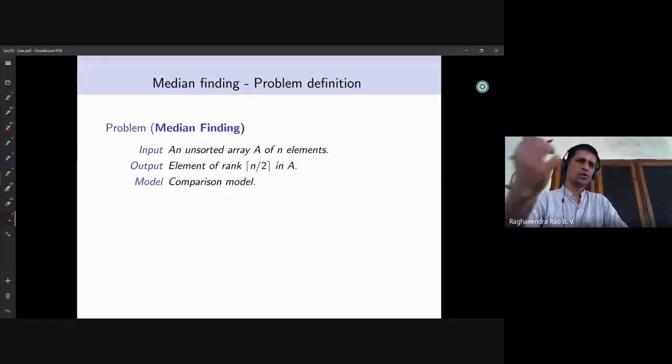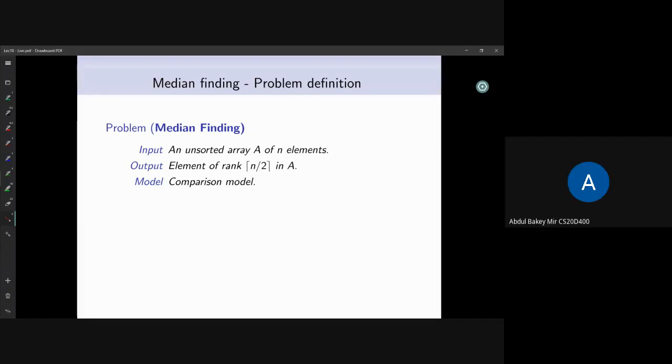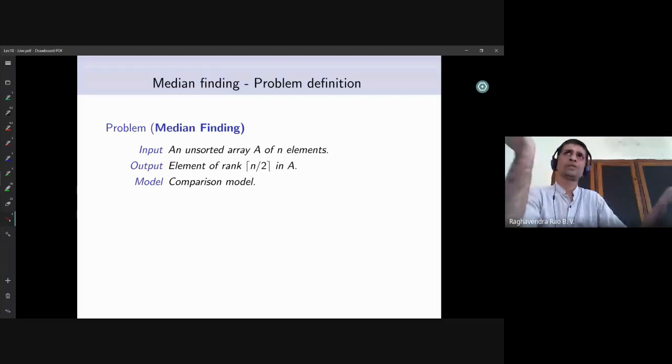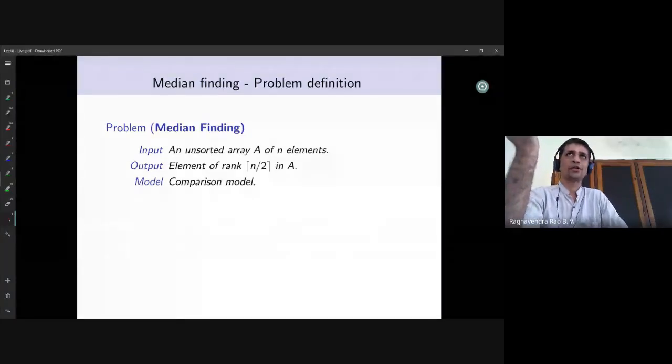One thing is, it's the same with sorting also. If the algorithm knows that the input is a permutation of 1 to n, do we require n log n comparisons? No, right? You just output 1 to n, that's it. You know the sorted order.